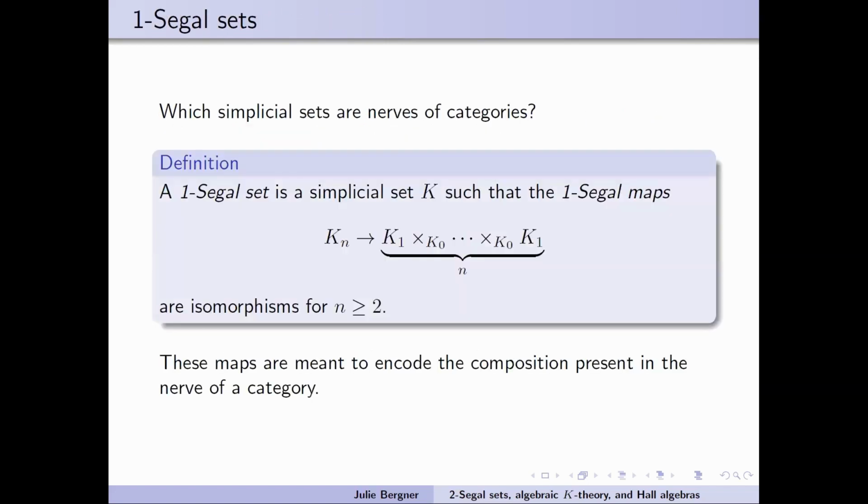And what you're thinking of on the right-hand side is you have a string of n composable arrows, and you're saying, well, I want to be able to complete that uniquely to an n simplex. And this is what's telling you, hey, this is coming from a category, it's encoding finite composition.